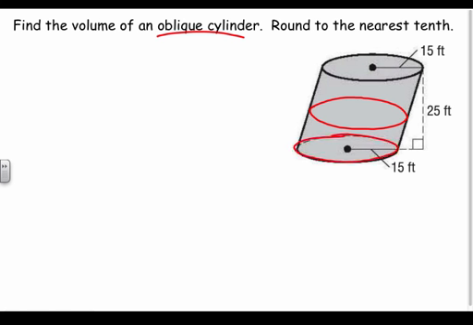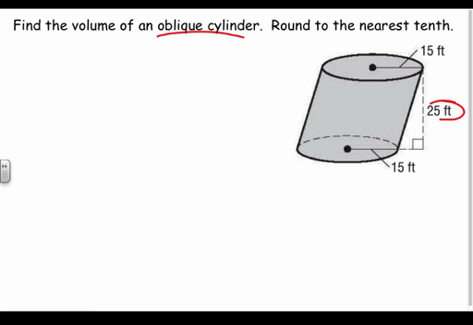So if I found the area of the circle on the bottom, I should be able to still just take it times the height of that oblique cylinder, and it should be the same volume, because no matter where I cut a piece out, it's the exact same area as the base. And so that area is just going up that amount of feet in this case. So don't use the slant height. We're still using the vertical height here, even though it is slanted.